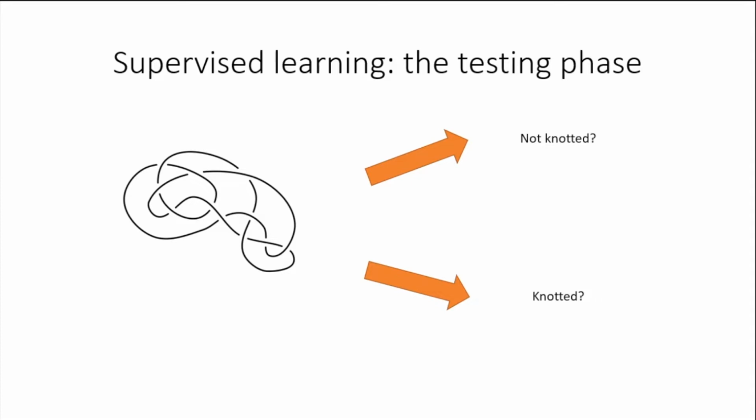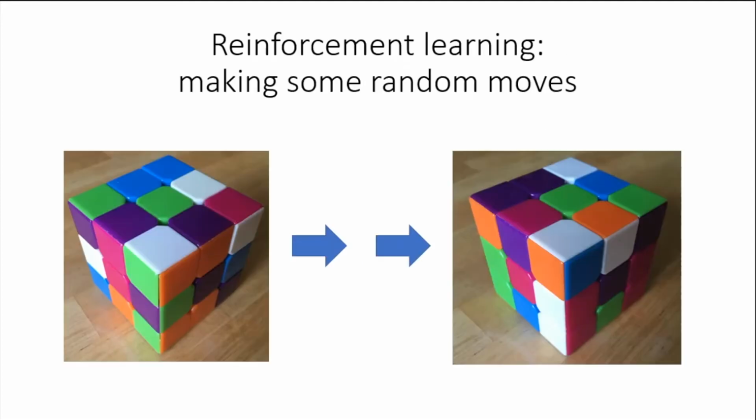For each particular diagram like this one on the screen, the predictor will just guess whether it is knotted or not knotted. Right, so let me say again, if you have any questions, please ask me. So we have finished with supervised learning. Now let us look at something perhaps more complicated and perhaps more interesting, reinforcement learning.